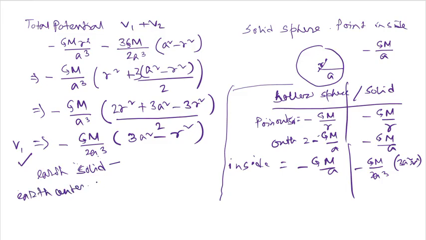It is nothing but minus Gm by 2AQ into 3A square. Here R will be 0, correct? R is the distance from the center. So now it becomes minus 3Gm by 2A. So this is the potential at the center of the earth.